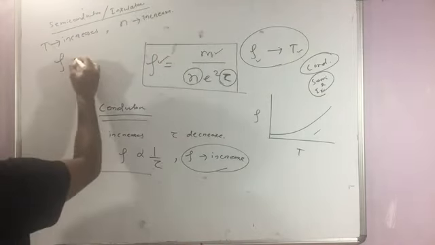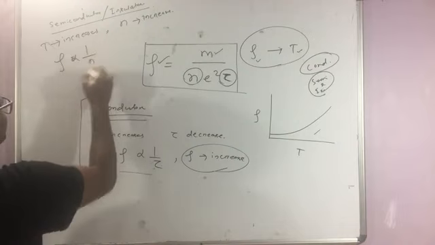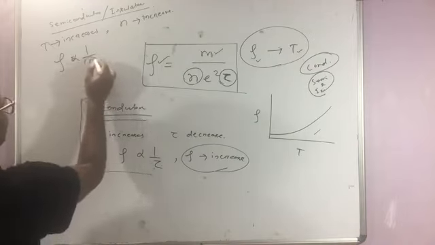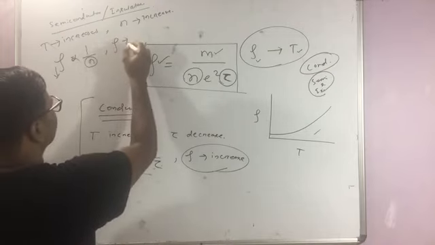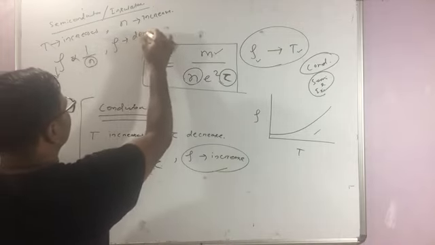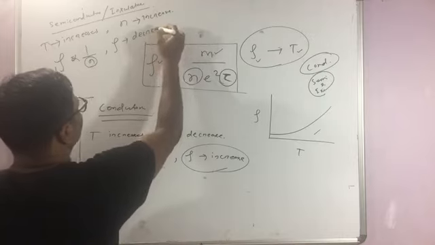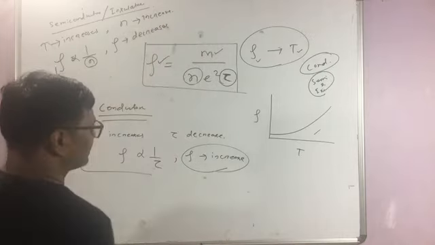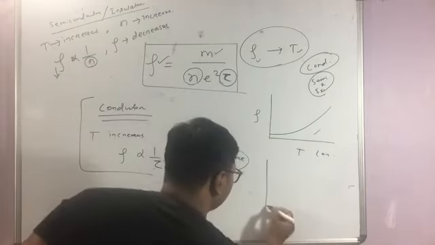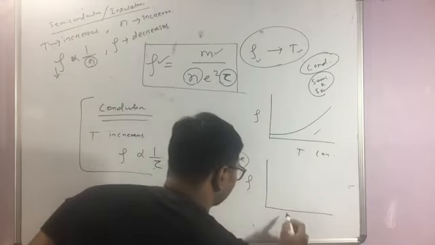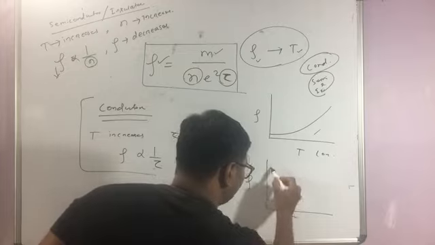But rho is inversely proportional to N. So if N increases, rho decreases, meaning the resistivity decreases. So this is the graph of your conductor. For a semiconductor and insulator, the resistivity versus temperature graph will be like this.